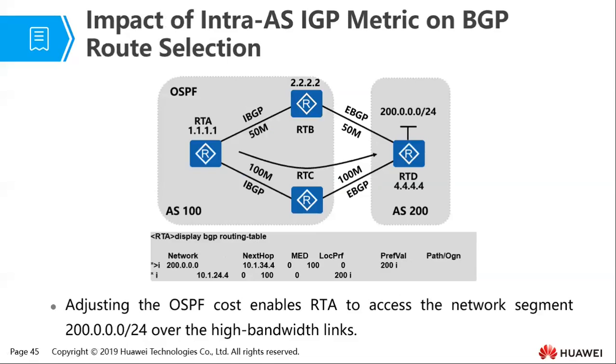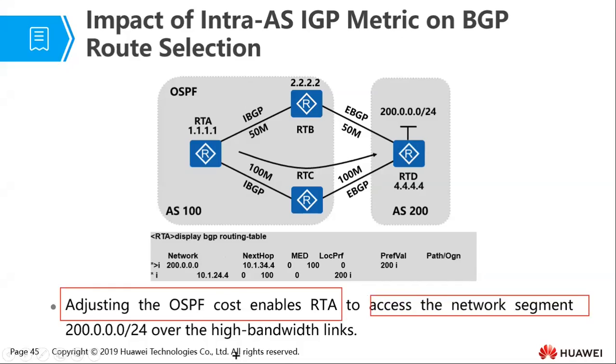Okay, so here, adjusting the OSPF cost enables RTA to access the network segment 200 over the high bandwidth links. So let's look at this.